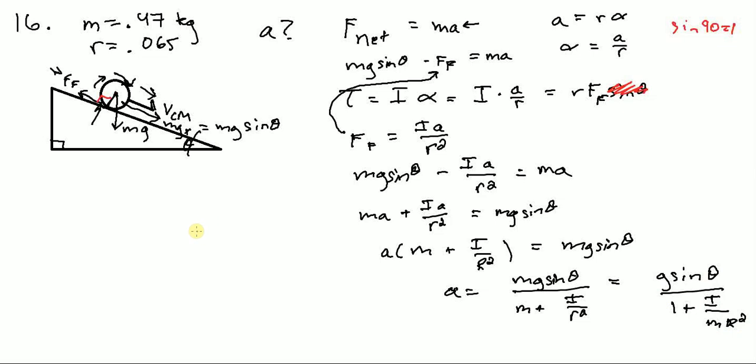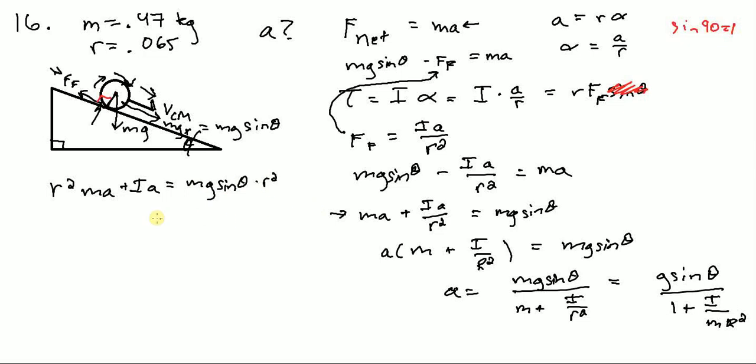But now we can also rearrange that if you want to find the inertia, which is the I in the equation, right? You can just multiply everything in this equation by r squared, to get rid of that denominator. So r squared ma plus I a equals mg sine theta times r squared.